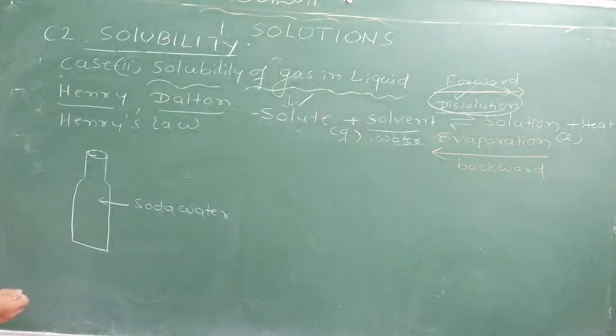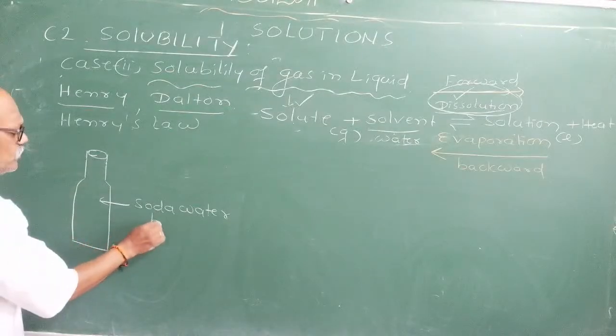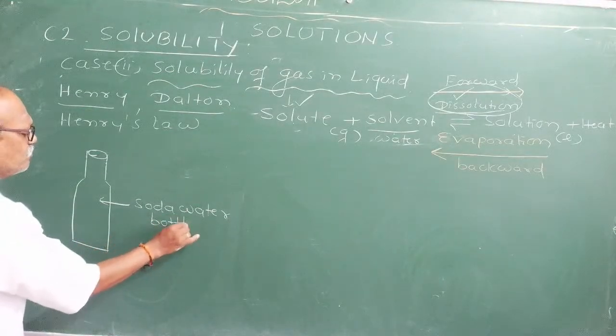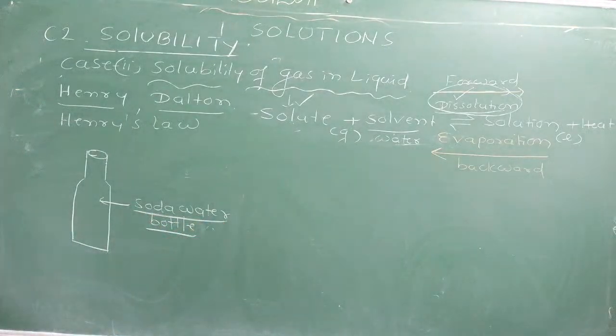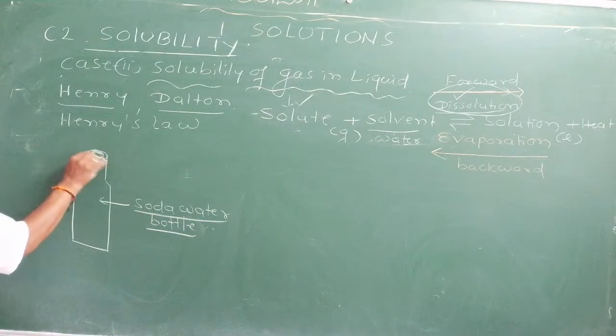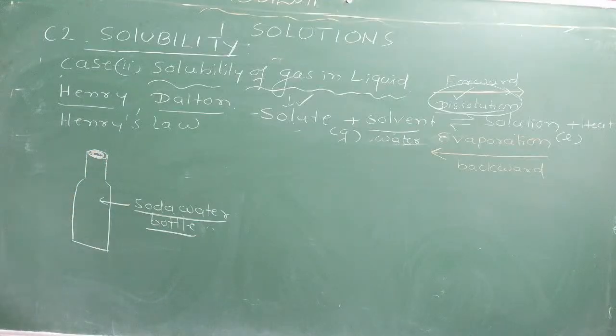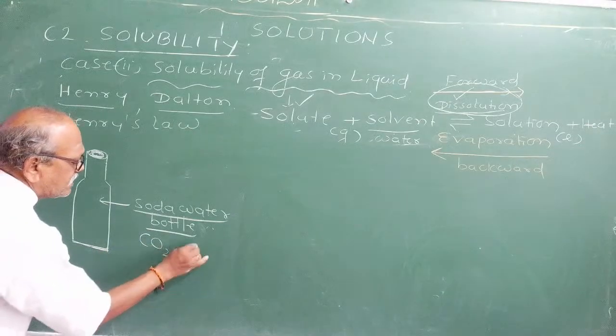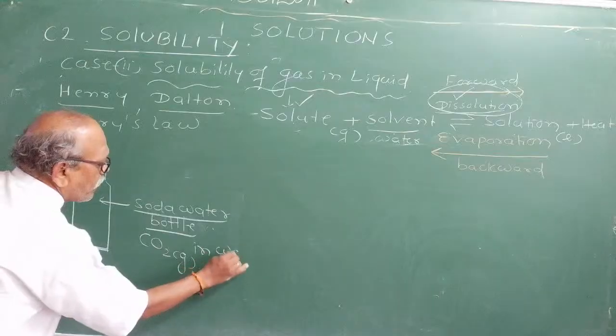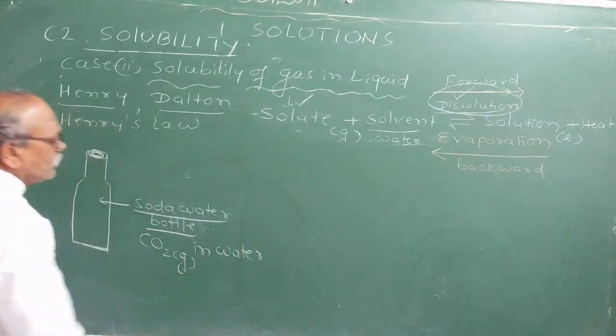Now we will take the example of a soda water bottle. What does soda water consist of? If you open the soda water bottle using the opener, what is soda water? Soda water consists of dissolved carbon dioxide gas in water. What do you observe?